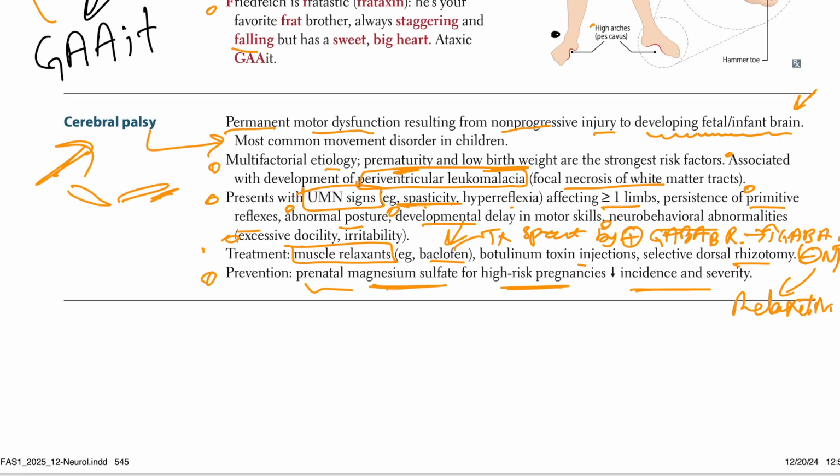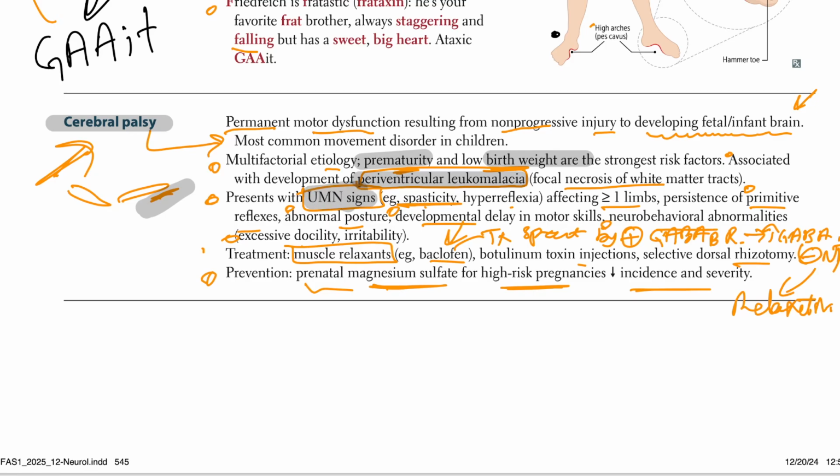Now, the high yield point with cerebral palsy is a patient who is premature, has a history of premature birth or low birth weight, and you will see periventricular leukomalacia, periventricular meaning on the side. So there can be hemorrhage in the periventricular area, on the side of the ventricles.